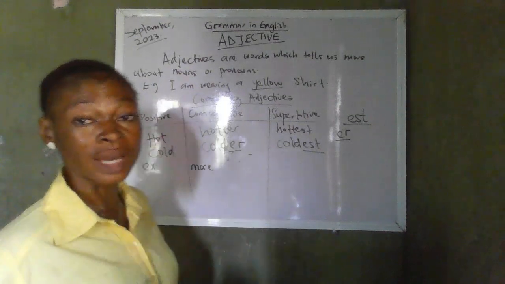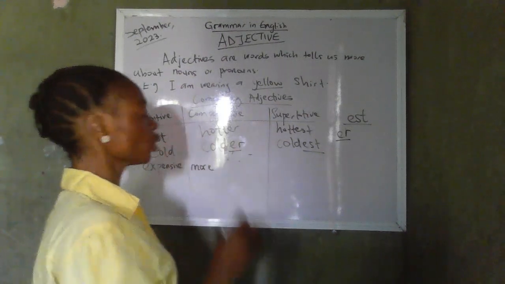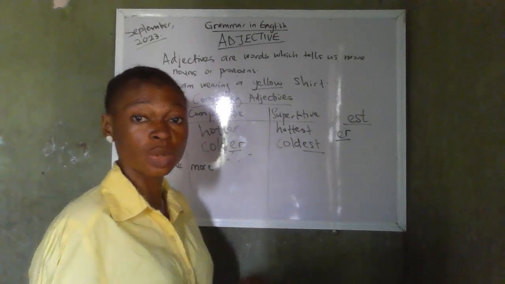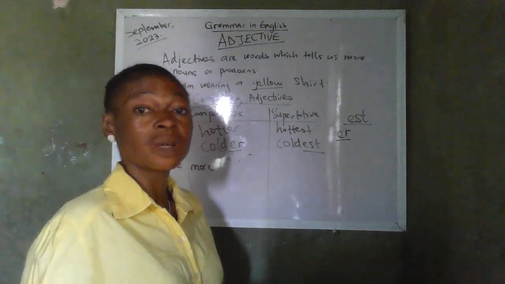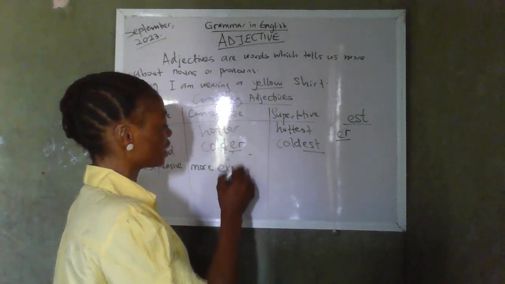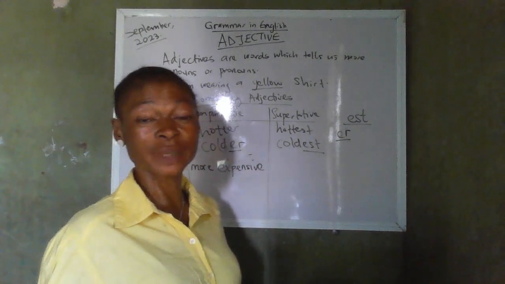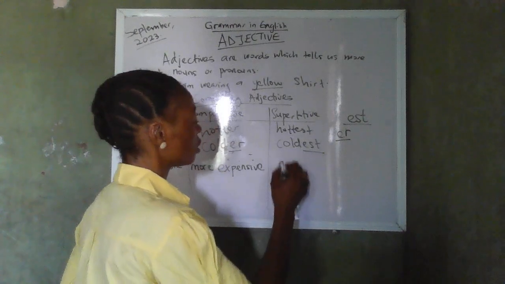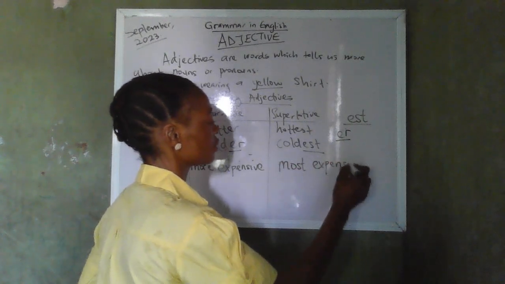I'm taking the word expensive. In the comparative form, we're comparing two expensive objects, whereby one is more expensive. Then when you compare three expensive objects, the third one might be the most expensive.